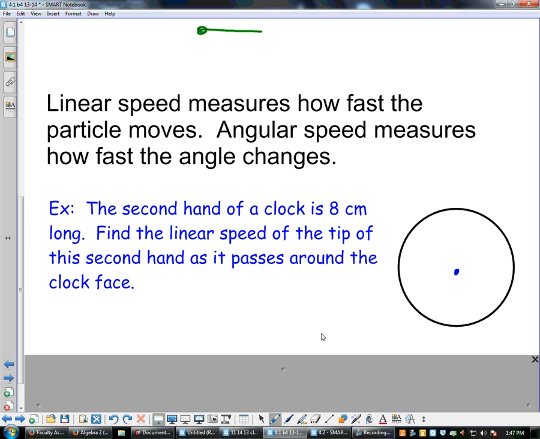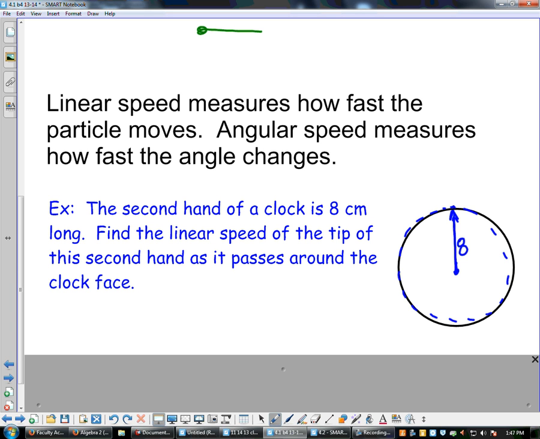So let's say here is the second hand on a clock, and this second hand has a length of 8 centimeters. We want to find the linear speed of the tip of this hand as it passes around the clock face. So how fast is the tip of the hand moving around the clock?